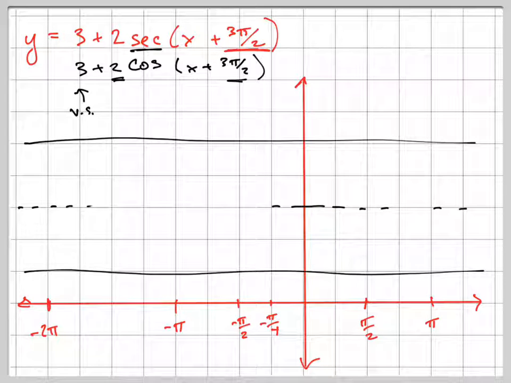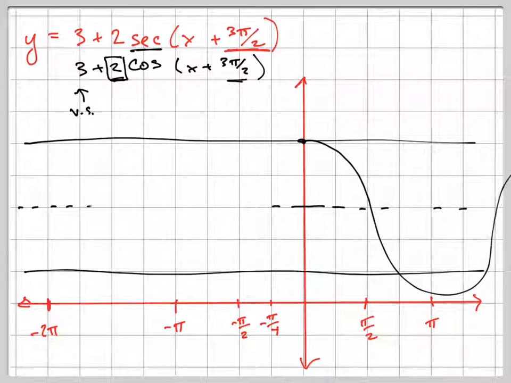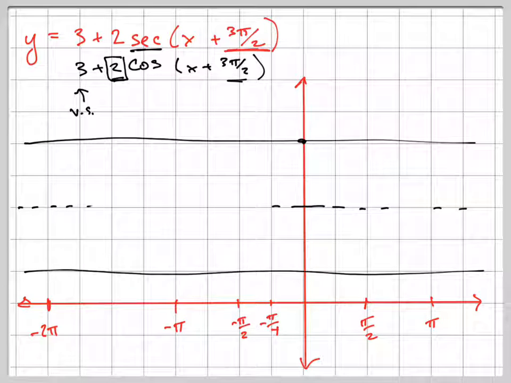Normally a cosine graph, in this case since it's a positive 2, would start up here, go down, and then end back up. But it's going to shift over 3 pi over 2. So it's going to start at negative 3 pi over 2, which is negative 3.5 pi.